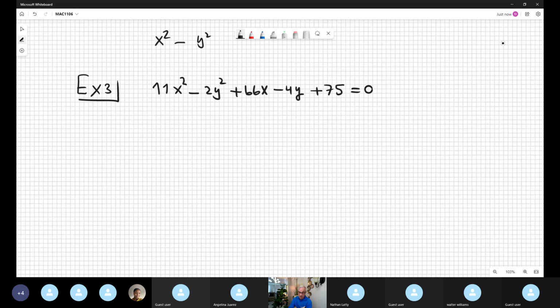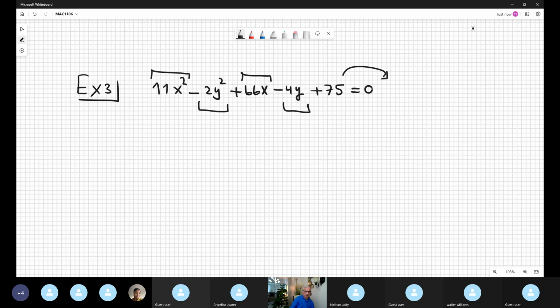But the rest is algebra, in which you need to put together the x part, this and this, and put together the y part. And 75 I always move to the other side. This is the organization. Look, let me show you.